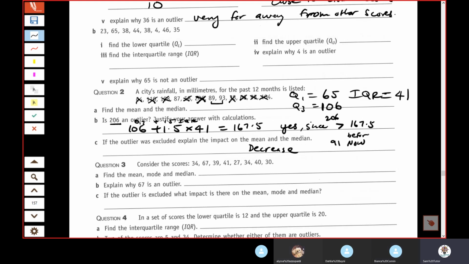Before, oh, I didn't see the 87. Cross out this, it's actually 89. Before, it would have been 87 with 93, and then it would have been what I just said, 91. So it would have decreased. Fair enough. Both decreased.